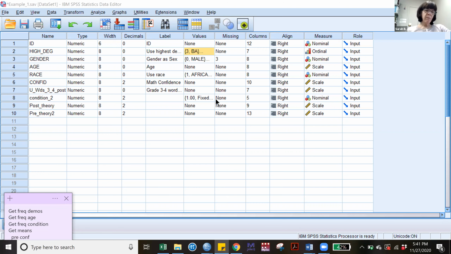So those are both independent t-tests. We have two conditions and a dependent variable post-test use of words, post-treatment use of words, and a dependent variable post theory of student ability with two conditions, the experimental and the non-experimental treatment.